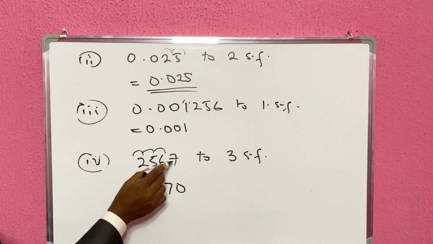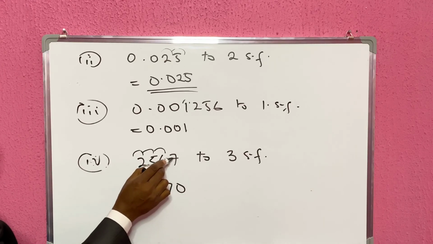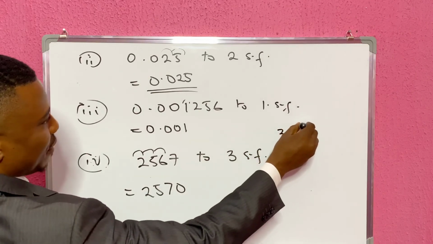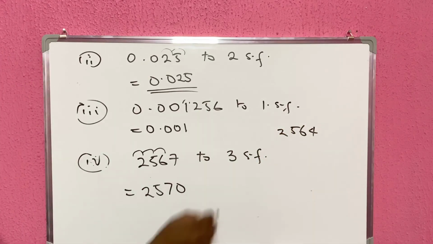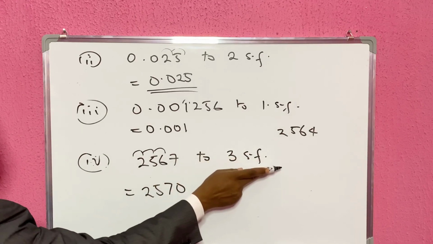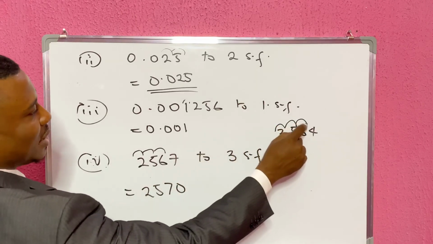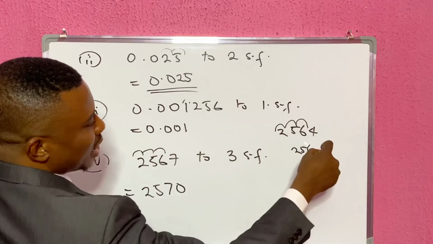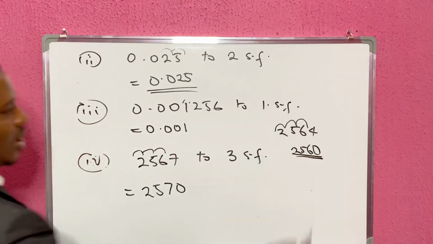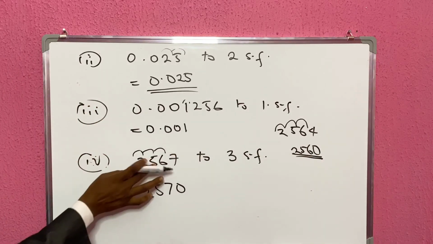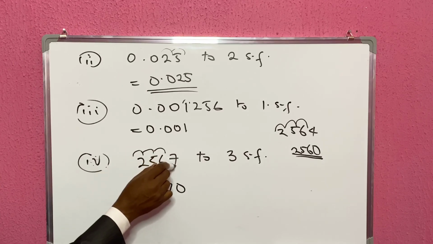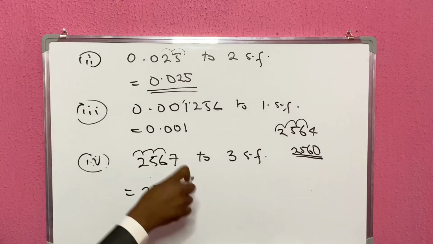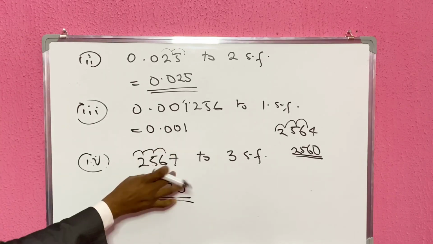But if the digit is less than 5, you are going to make it 0. That's if you have 2564, for example, and you want to round it to 3 significant figures, you move 1, 2, 3. So 2, 5, 6. Everything remaining becomes 0. That becomes your 3 significant figures. But in this case, 1, 2, 3. Here is 7. You move 1 to here, it becomes 7. Every other thing becomes 0. This is your 3 significant figures for this particular question.